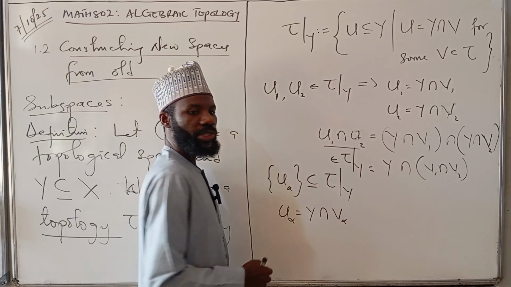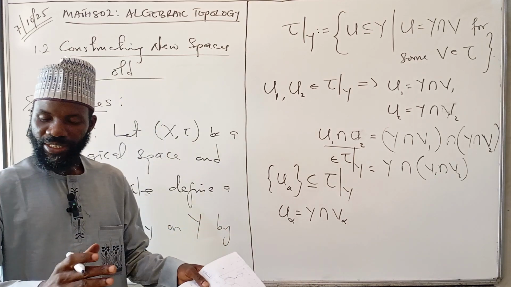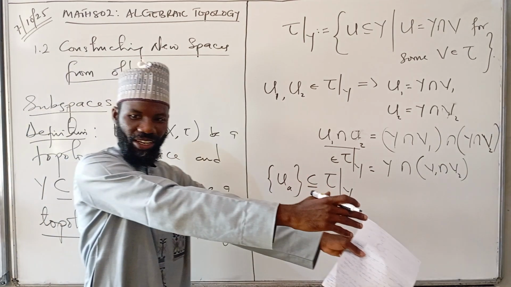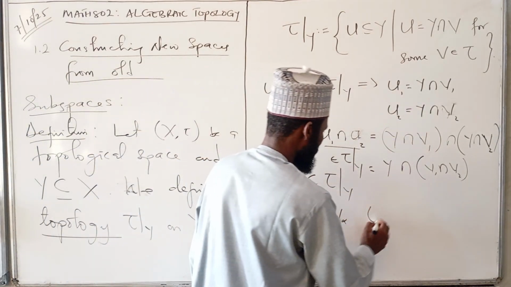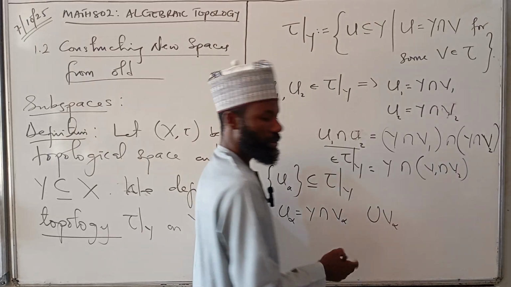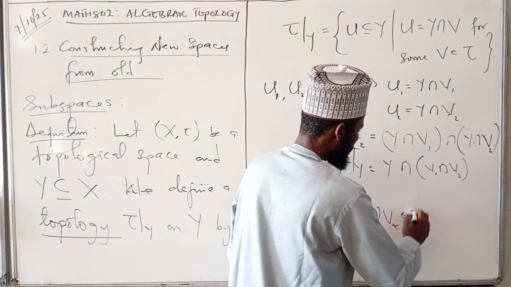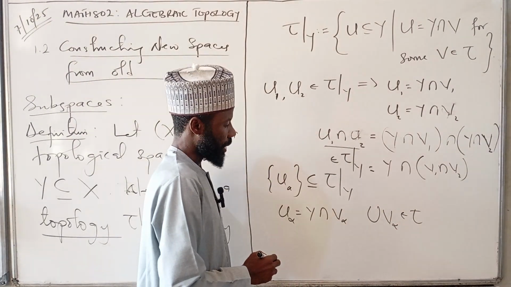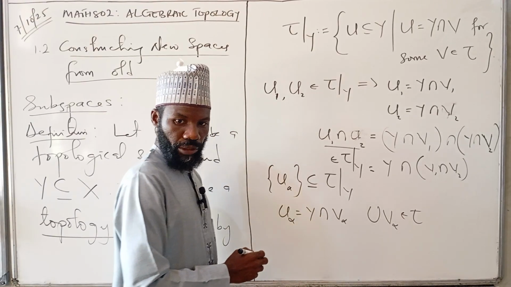And this v alpha constitutes a family of open sets in x. And so the union of this family will still be an open set in x. I hope it's okay. Is that okay?